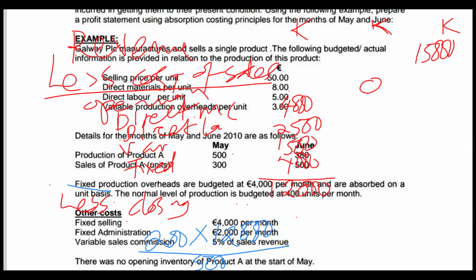So closing inventory, fixed production overheads, you said is 4,800.